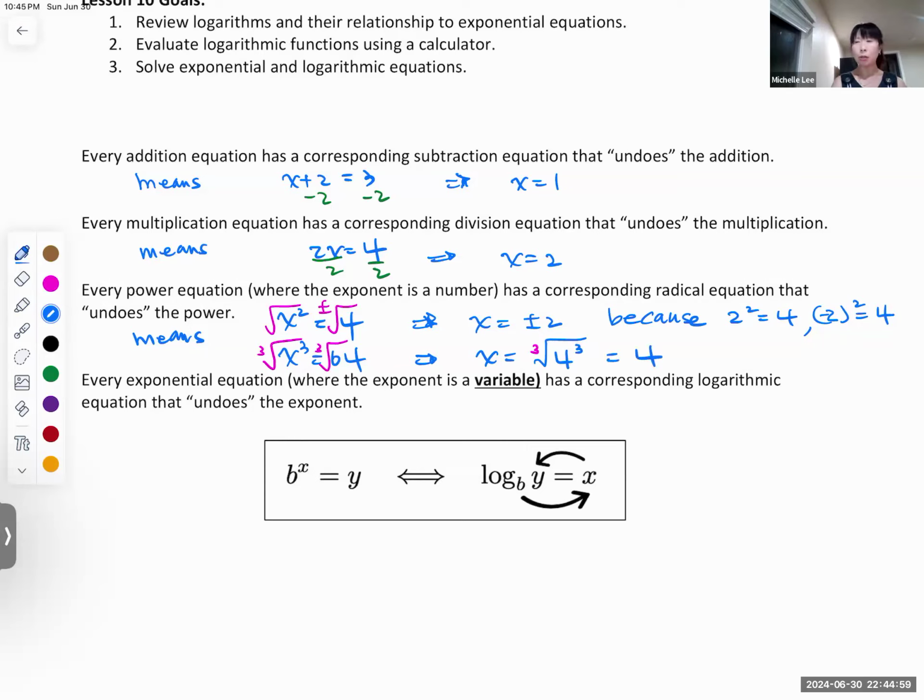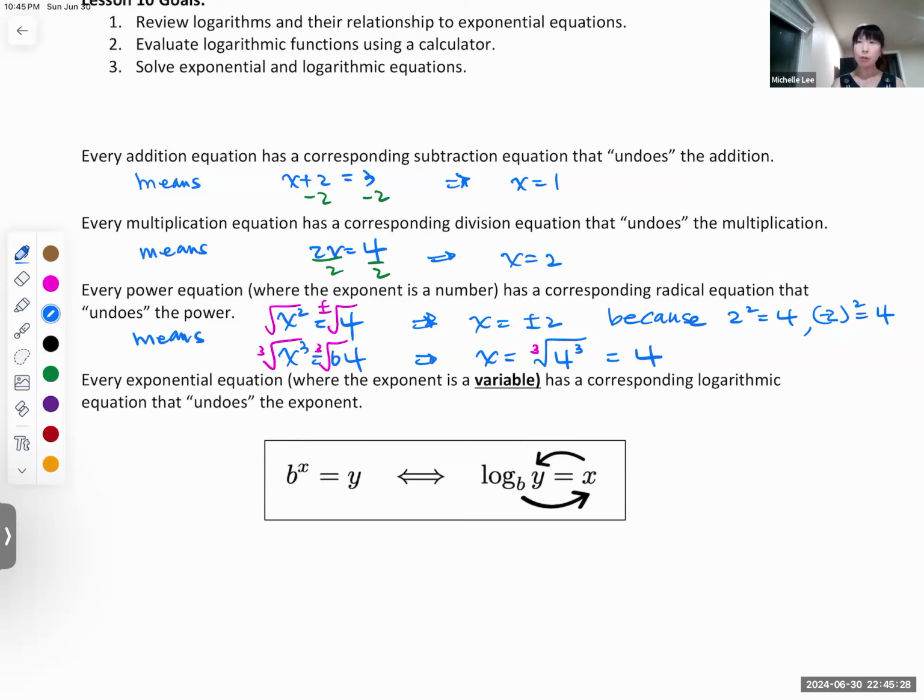Okay, the last one: every exponential equation where the exponent is a variable has a corresponding logarithmic equation that undoes the exponent, right? So we have b to the x power equals y, and we have log base b of y equals x.